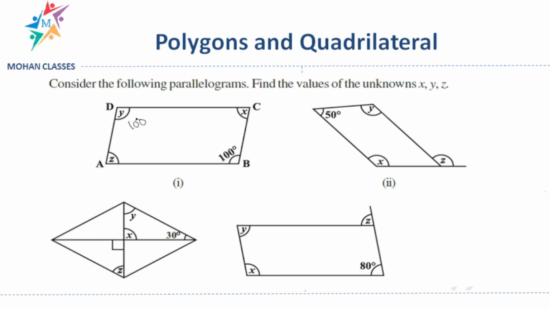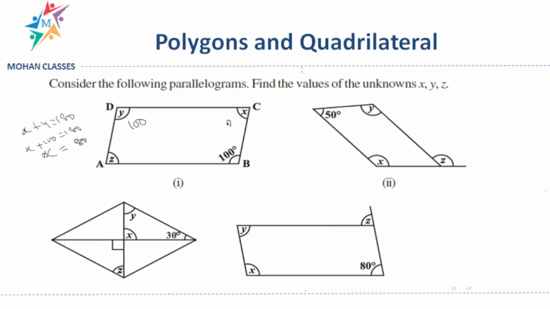So we got the value of y. What about adjacent angles? Adjacent angles x plus y equal 180 degrees. Here y we got as 100, so x plus 100 is equal to 180. Therefore, x is equal to 80.